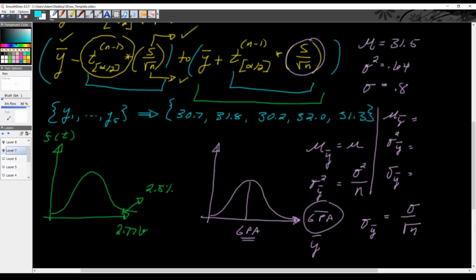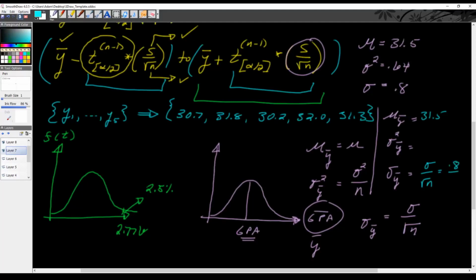And again, you can solve for them on your own. We know that the average of the average equals the true population average, so that's 31.5. And we know that sigma divided by root n is equal to the standard error of the mean.